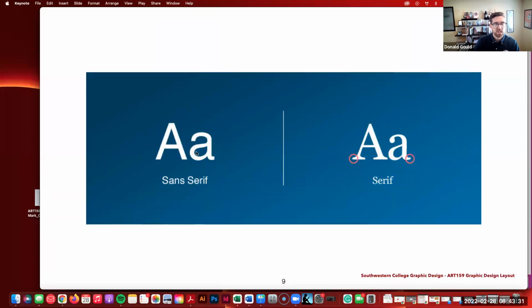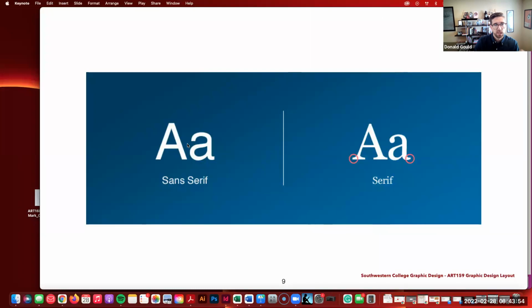They're very precise within their overall look and feel that we can see. And both of these styles have their own unique personality, and they can communicate different messages. That's why it's important to understand that each style that you're going to be using aligns with the message that you want to have for that particular design.